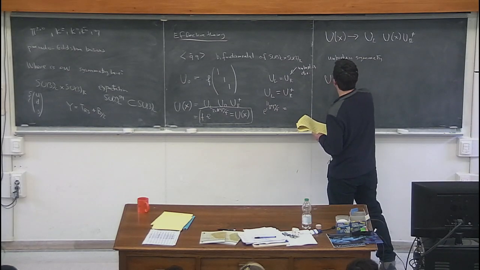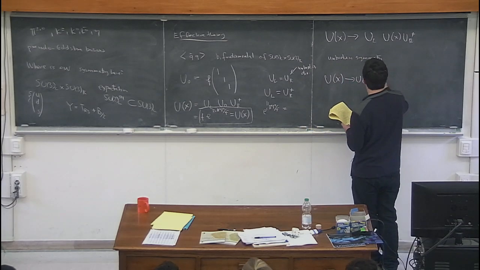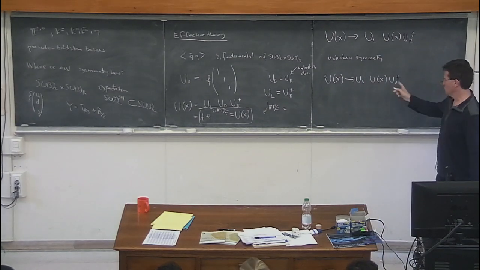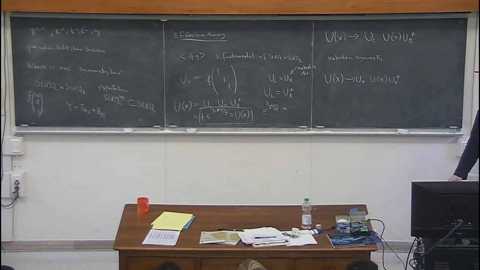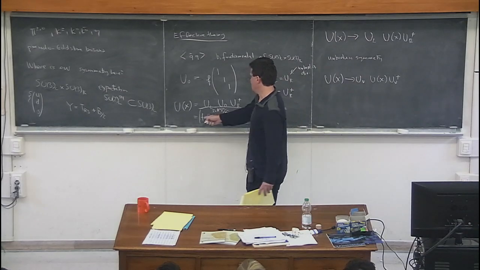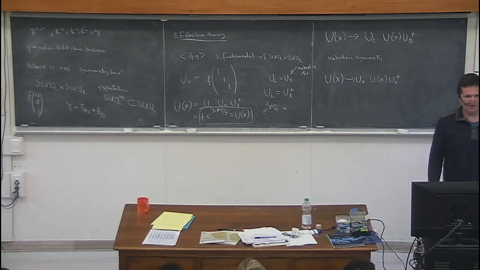So U(x) just goes as U vector, U(x), U vector dagger. So really under the unbroken symmetries, it transforms as an ordinary normal linear transformation in the adjoint of the SU3. Again, this is a matter of convention, what exactly you put there.